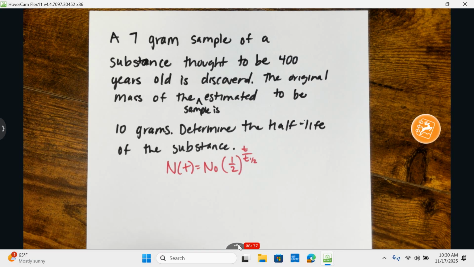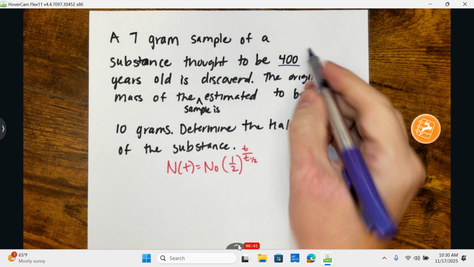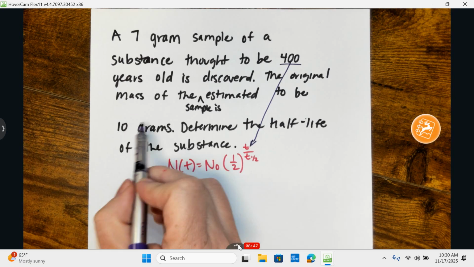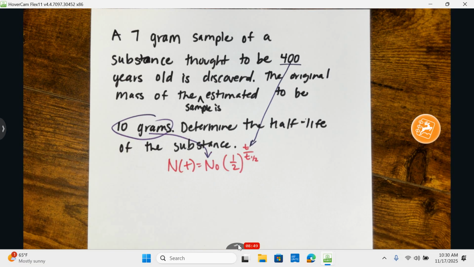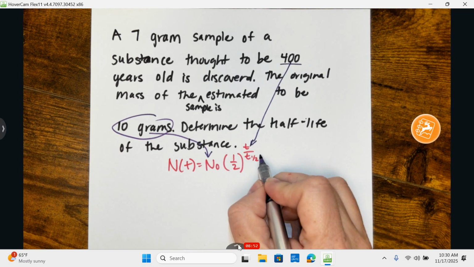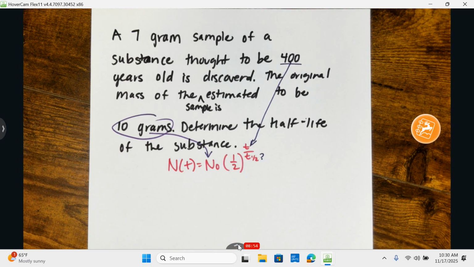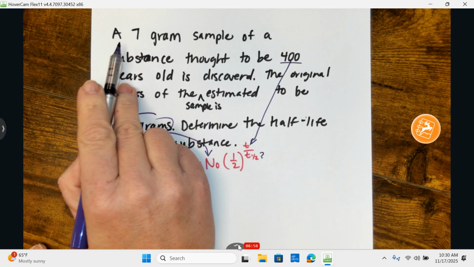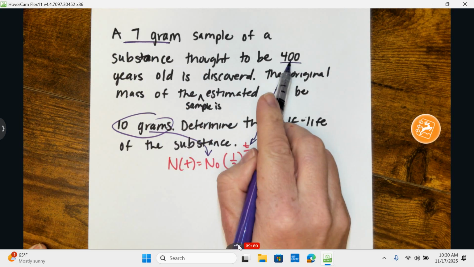Alright, a 7-gram sample of substance thought to be 400 years old is discovered. Okay, so this is the time that's elapsed. The original mass of the sample is 10 grams, so that's the original right here, the initial. Determine the half-life. We don't know what this is. Okay, so this is what is remaining after this many years.